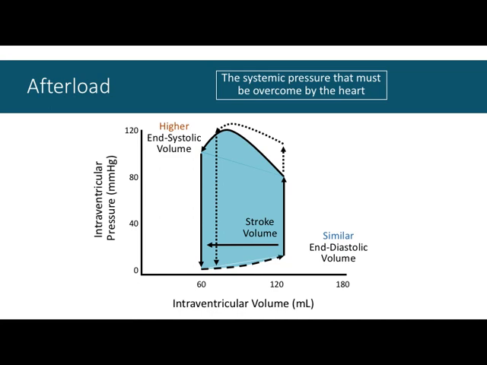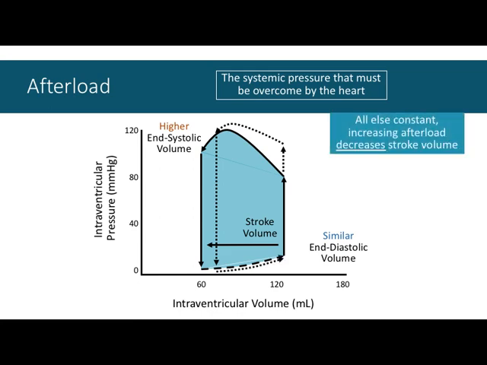We're left with more blood in the ventricles. The result, then, is that stroke volume is decreased. So stroke volume is decreased, yet this is part of the response to restore pressure to normal.